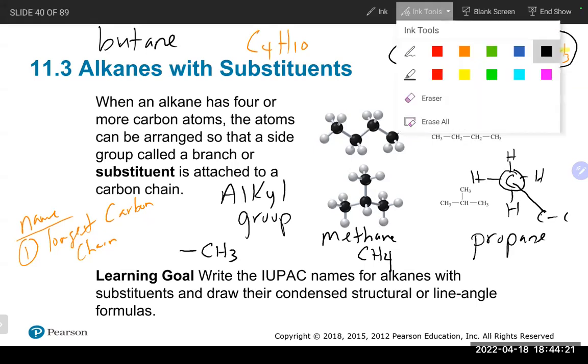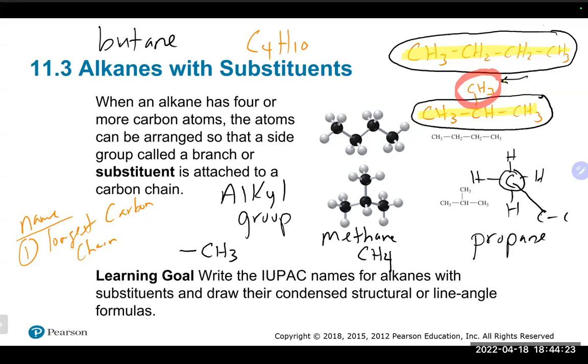If I take a hydrogen away from methane, like we'll take this guy, now when it attaches, that carbon is good. It now has 4 bonds, which is what it needs. So alkyl groups, sometimes referred to as substituents, are groups that are attached to the main chain of the compound, but are missing basically one hydrogen that allows it to attach, so it doesn't end up with more bonds.